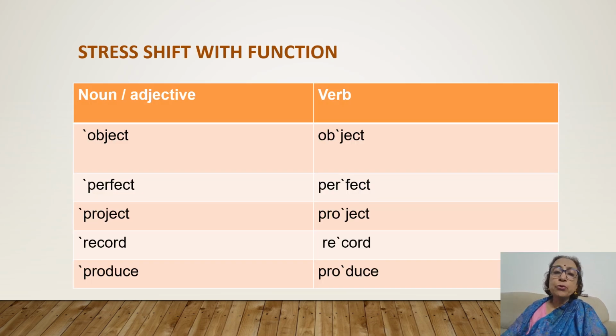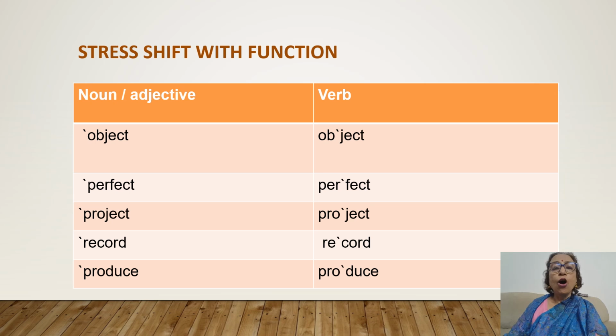Here is one rule of accent, and that is noun and adjective are usually stressed in the first syllable and verb in the second syllable. So you have the same word which is used both. The spelling is exactly the same. The usage is different because it has two different functions in the sentence.